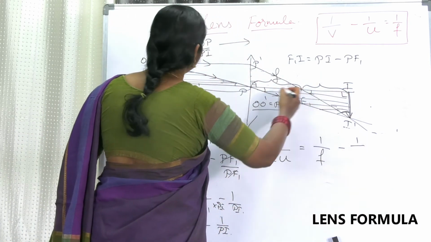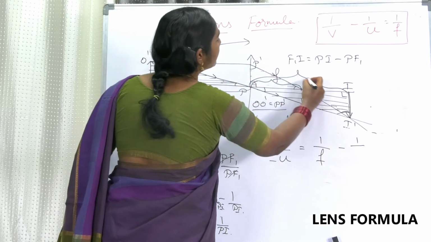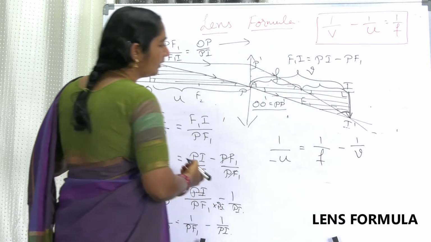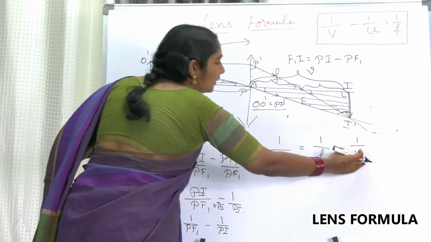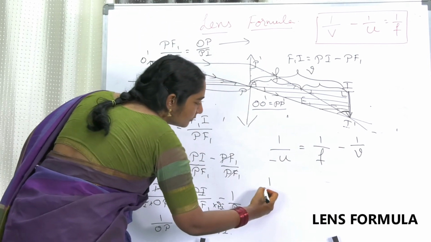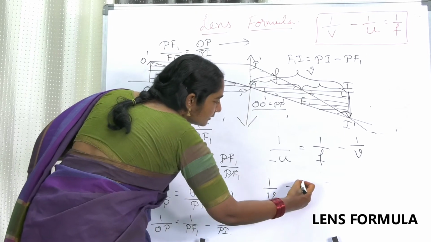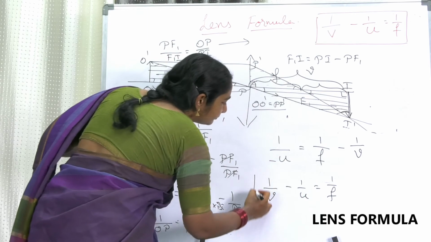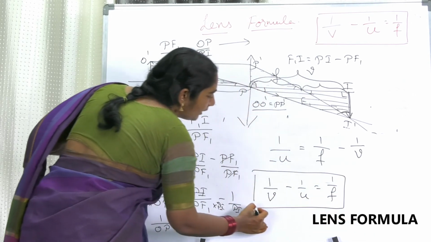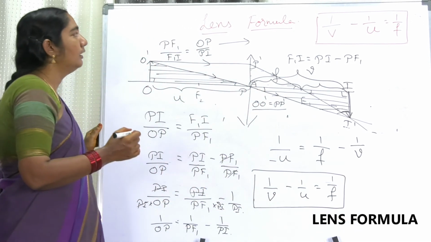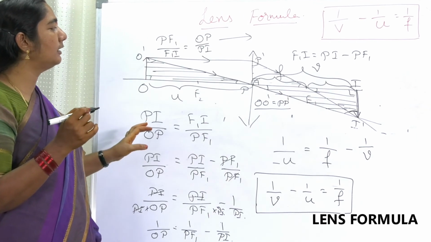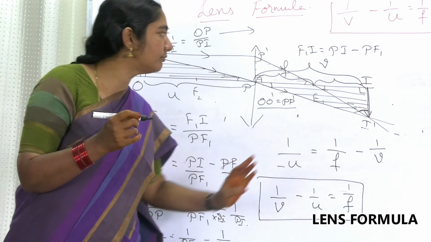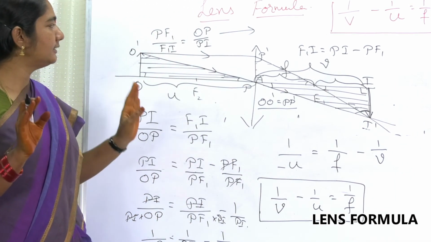Pi is nothing but the image distance V. So my dear friends, this quantity I am bringing this side, that is 1 by V minus 1 by U is equal to 1 by F. So now we got the lens formula, that is 1 by V minus 1 by U is equal to 1 by F. Just very simple.